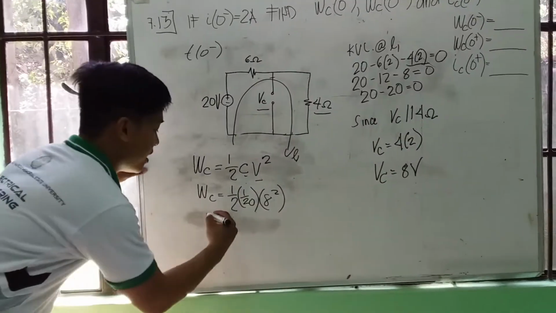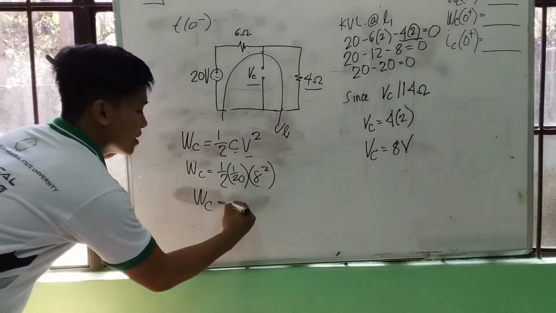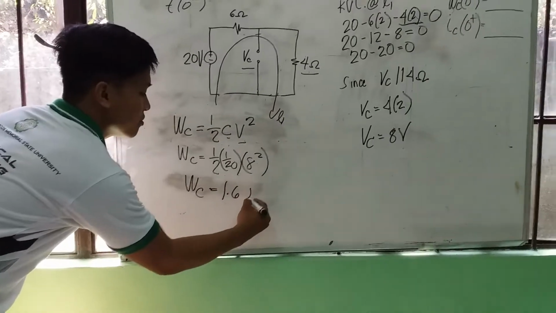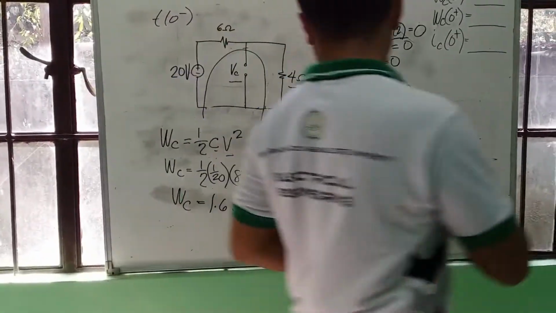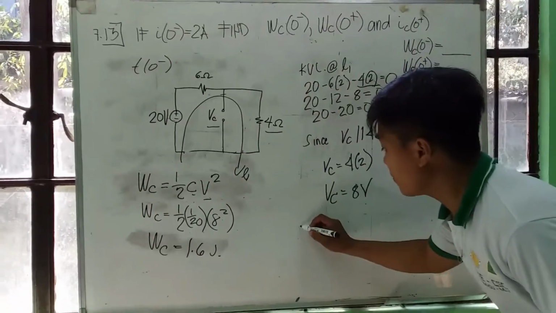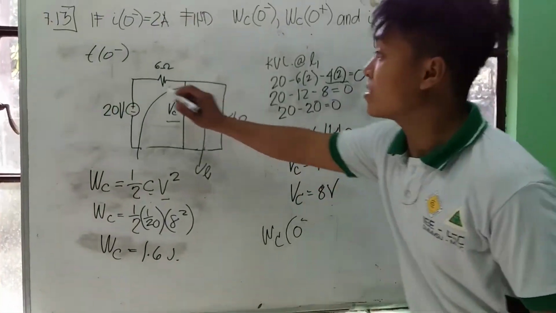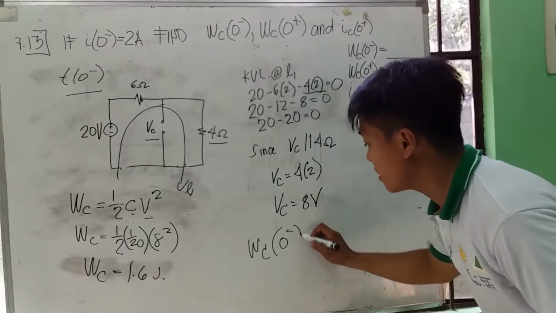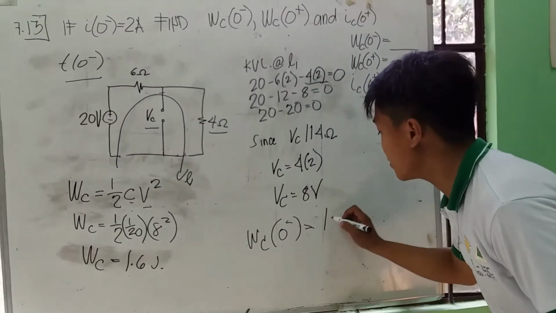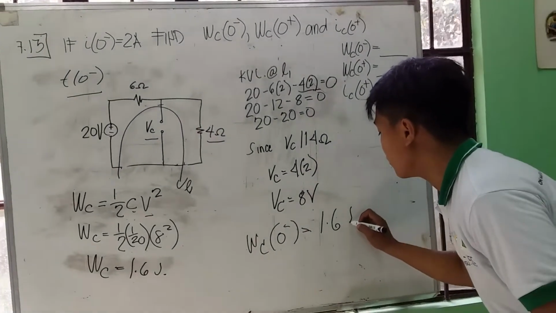And now the work on the capacitor equals 1.6 joules. So the work at the capacitor at time t equals 0 negative equals 1.6 joules.